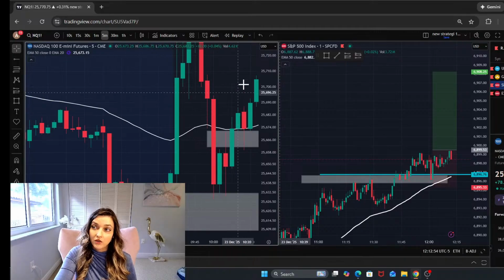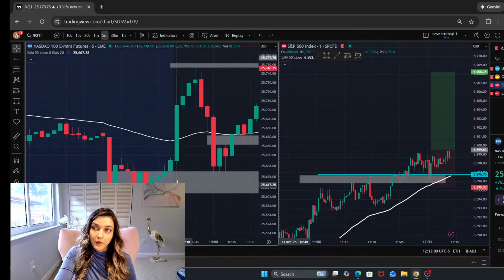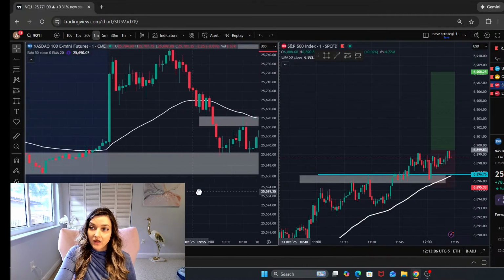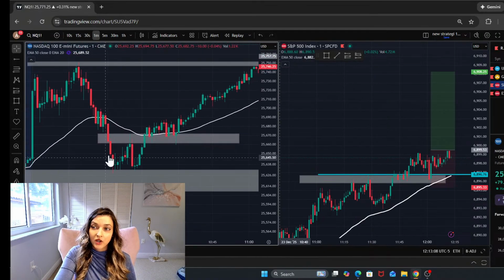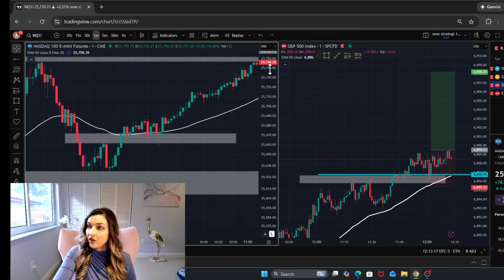This is a strong area because you see when the price touches this area, even at the market open, it pulls strongly up. So going to 1 minute, you see the price rejected this area, the price went above the EMA right here, a full candle. So you'd say you get in.